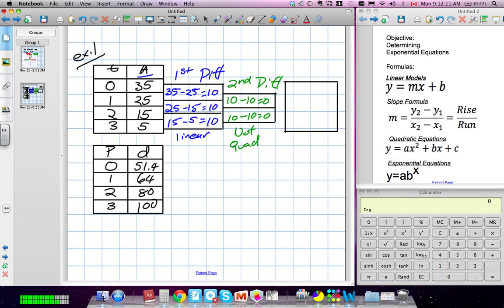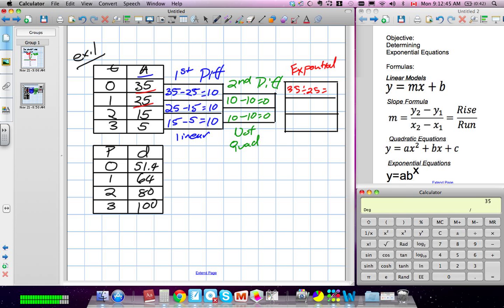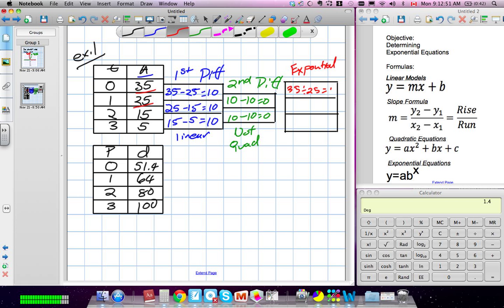Now, in order to find if something is exponential, we'll be dividing our y terms. Okay? So what that means is I would take 35 divided by 25, or 25 divided by 35, or vice versa. We're going to do it opposite of the book. So we'll do 35 divide 25. Okay? So 35 divided by 25, 1.4. Next, we're going to do 25 divided by 15.